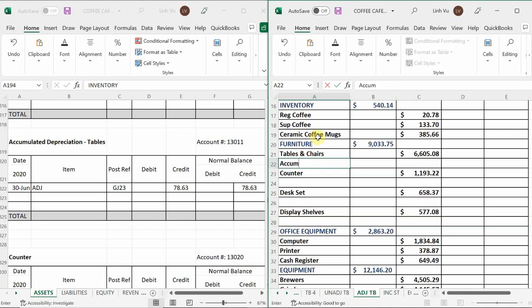We have the accumulated depreciation for the tables, the counter, the desk, and so on and so forth. So that means I have to add all of those in there.